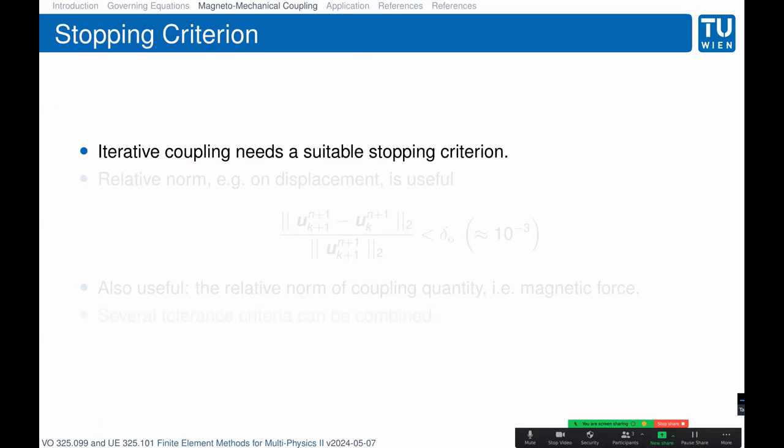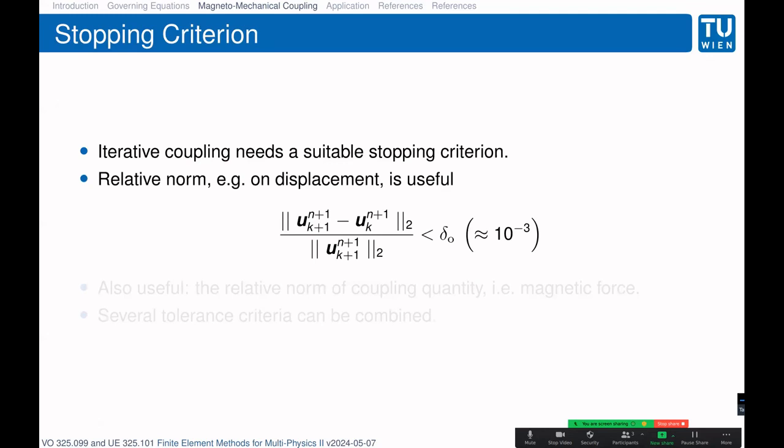Now, there's the question, what stopping criteria do you use for the coupling condition? So you need something suitable, and it makes sense to use some kind of relative norms, for example, on the displacements. So here, the K indices are for the iteration of the coupling routine.